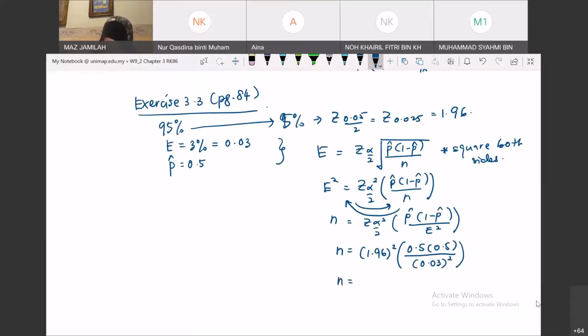To calculate this, we get what? 1.96 squared multiplied with 0.5 multiplied with 0.5, divided by 0.03 squared. Is it 1067.1?